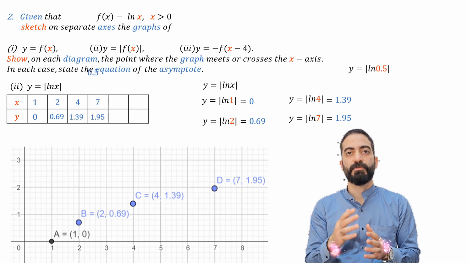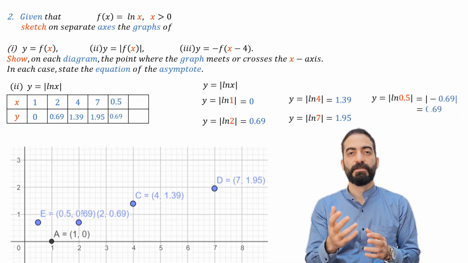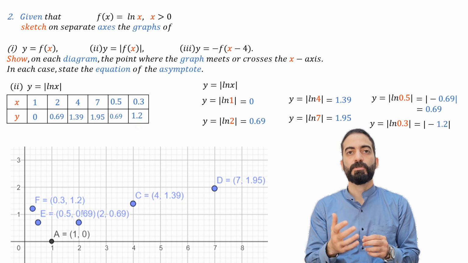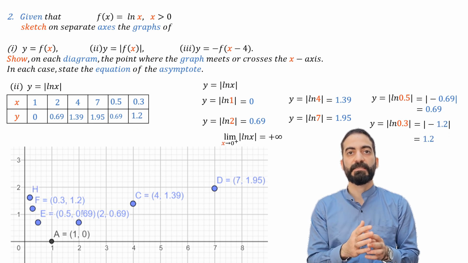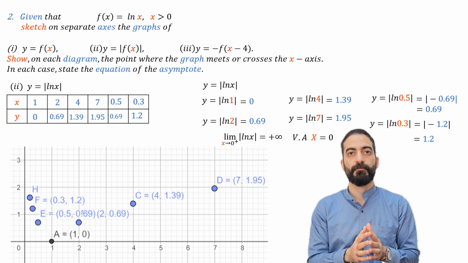When x equals 0.5, y equals 0.69. When x equals 0.3, y equals 1.2. And also we have the limit of absolute value of ln x when x tends to 0 plus equals plus infinity. This means that x equals 0 is a vertical asymptote.